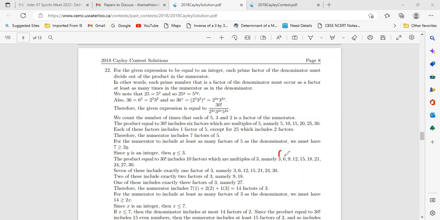Like 1 3 is 3, 2 3s are 6, 4 3s are 12, 5 3s are 15, 7 3s are 21, 8 3s are 24, 10 3s are 30.